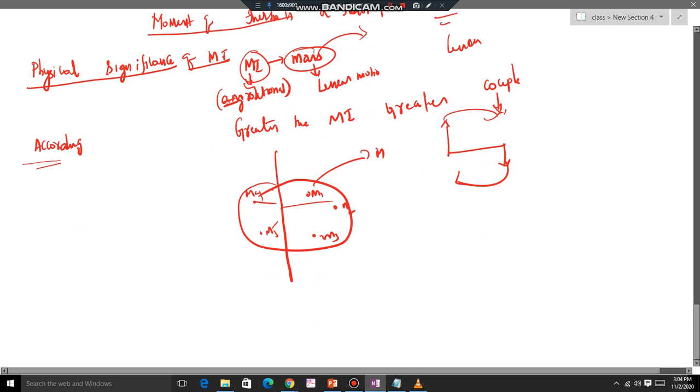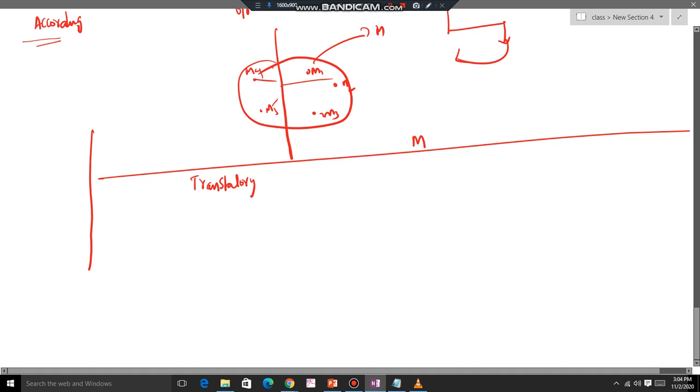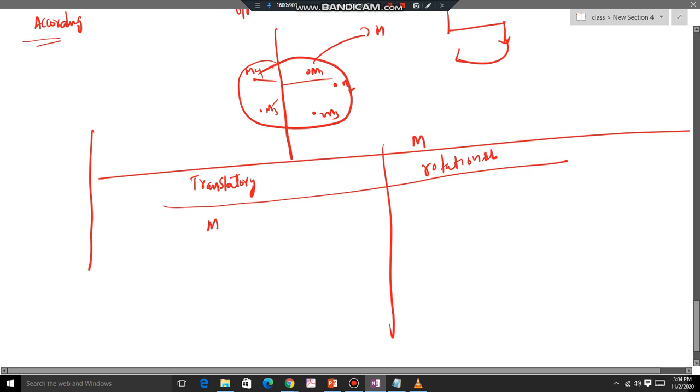So now let us give some of the analogies between translatory and rotational motion. Translatory means linear. In translatory motion we have mass, and in rotational motion moment of inertia.